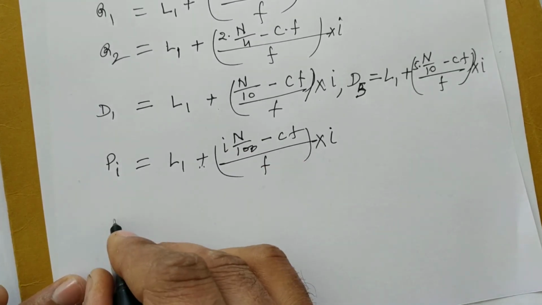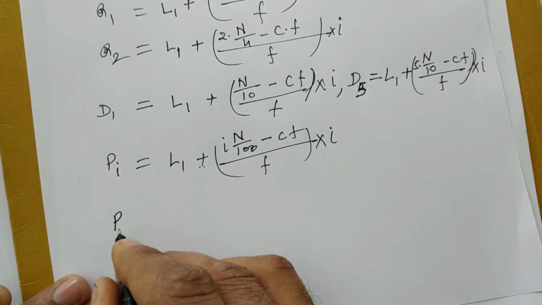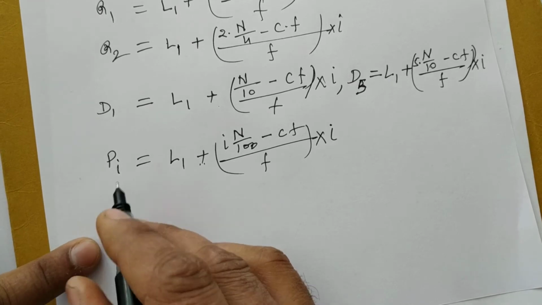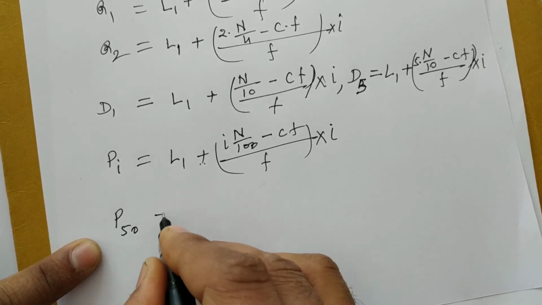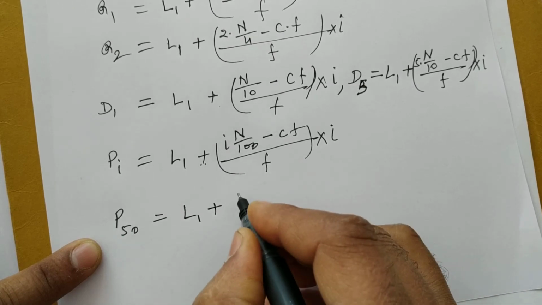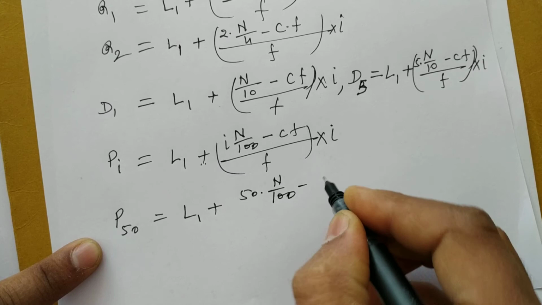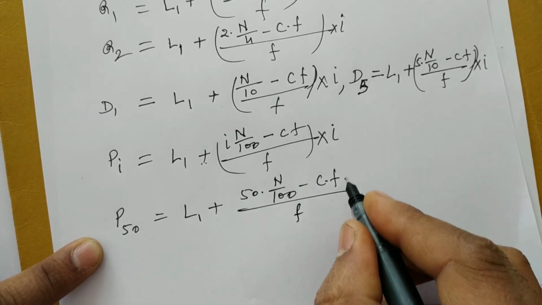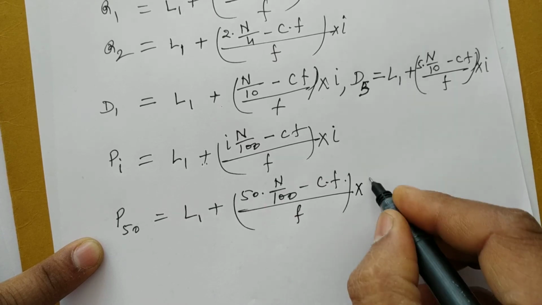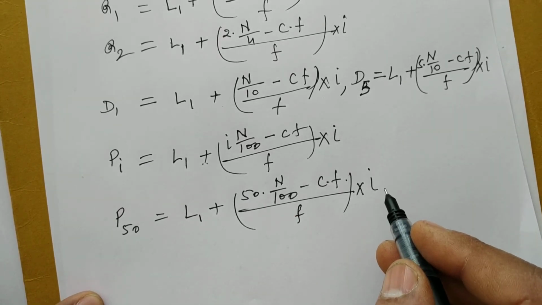So this is the formula for percentile. Let us consider the 50th percentile, that is P50 is equal to L1 plus 50 into n by 100 minus CF, cumulative frequency, divided by F into i. So this is the 50th percentile.